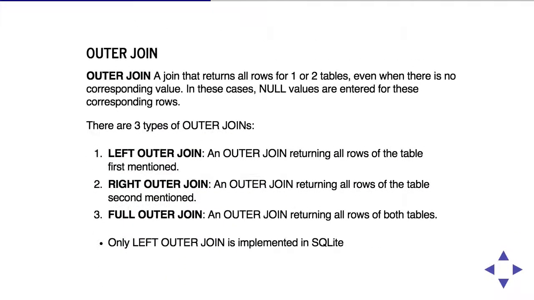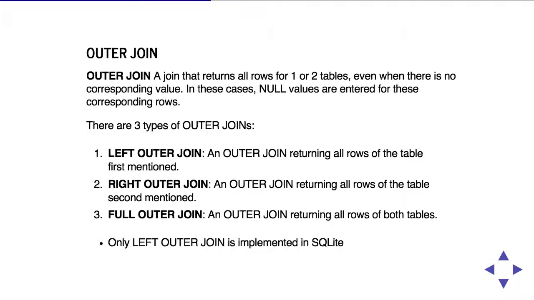However, if a member didn't go to any events, that didn't show up. But if we use an outer join, we can see if that changes. An outer join basically returns all rows from one or both of the tables.